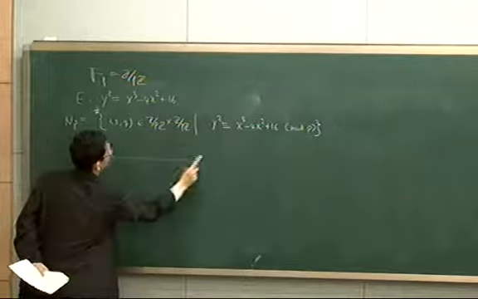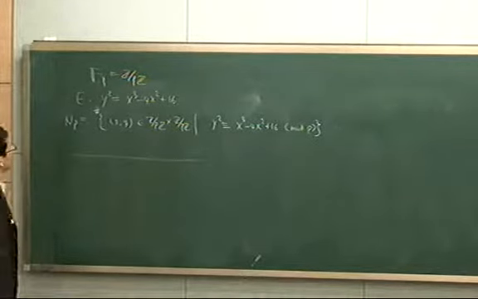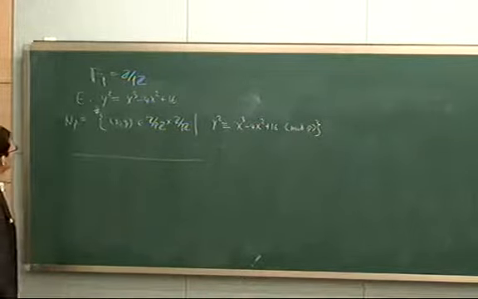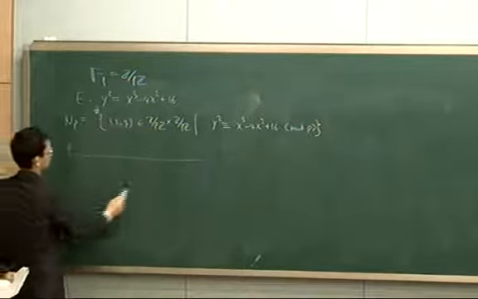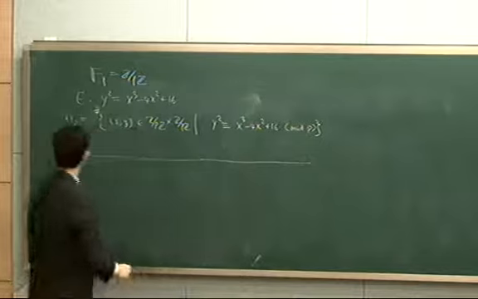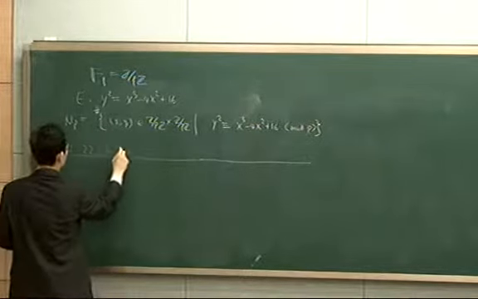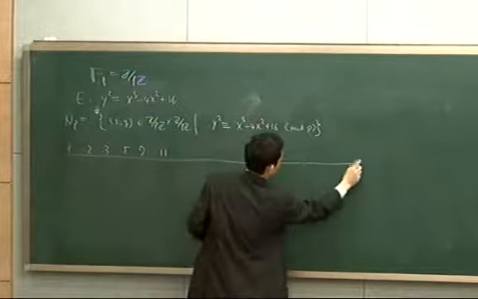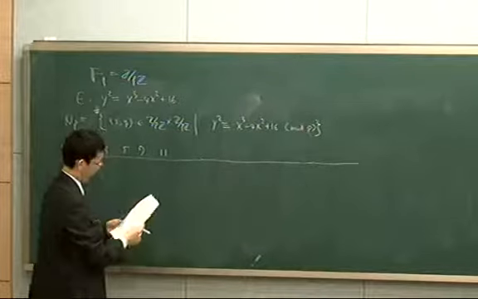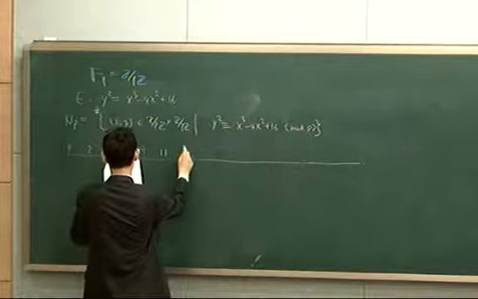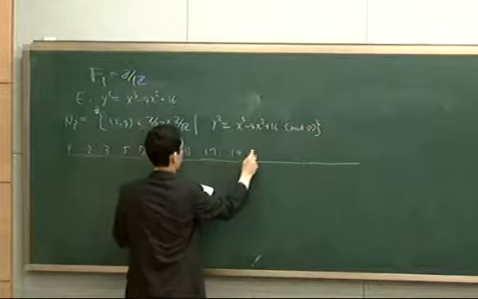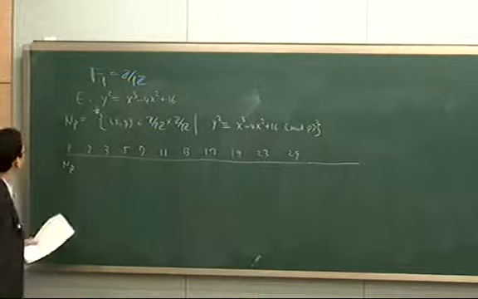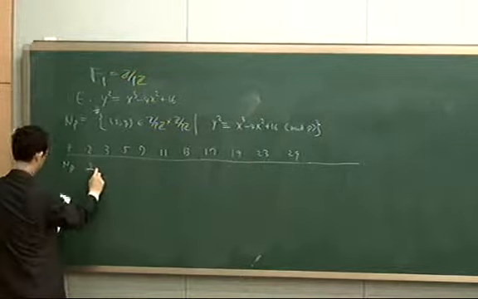Then we can calculate the number of points by ranging x and y from 0 to p minus 1. Then we have the following table. Let me calculate N_p up to p equal to 29, and we can easily calculate the number N_p as follows.